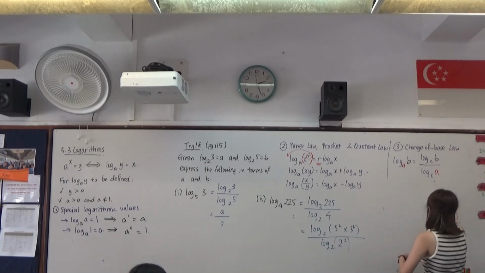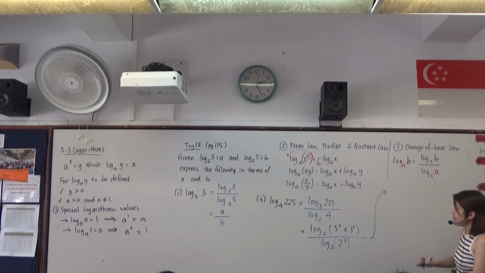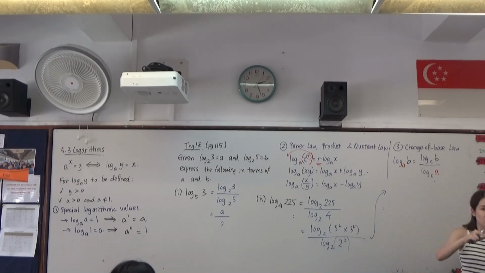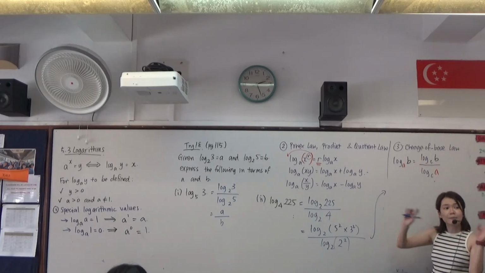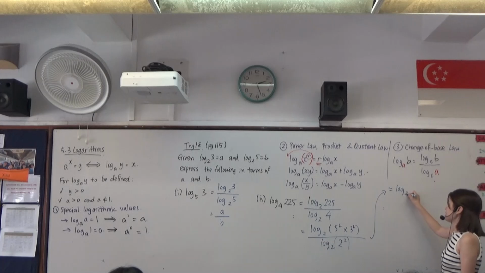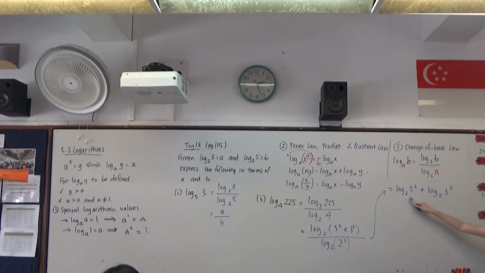Now that we have this, the numerator is a multiplication inside one logarithm. Based on our law, I can separate it out into two logarithms of addition. So log 5 squared base 2 plus log 3 squared base 2.